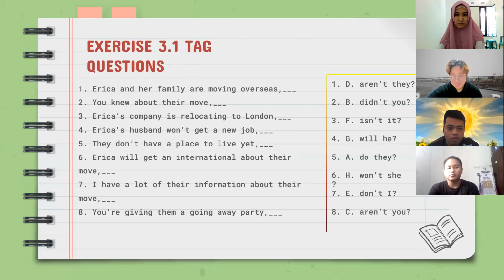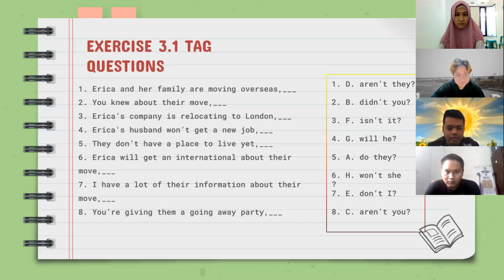B, didn't you? Number 3, Erica's company is relocating to London, isn't it? Number 4, Erica's husband won't get a new job. Will he? Number 5, they don't have a place to live yet. Do they? Number 6, Erica will get an international about their move.